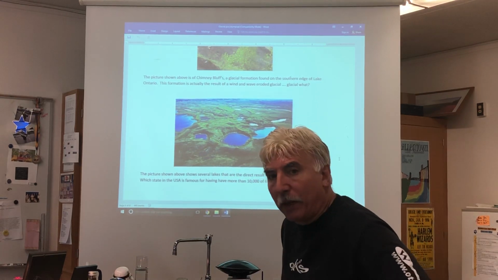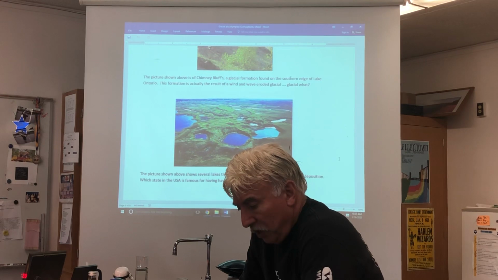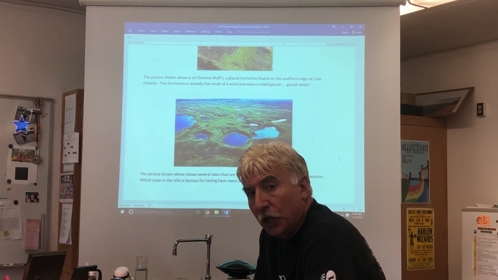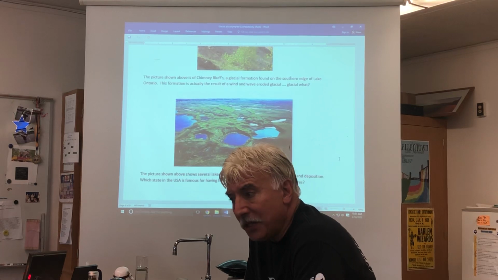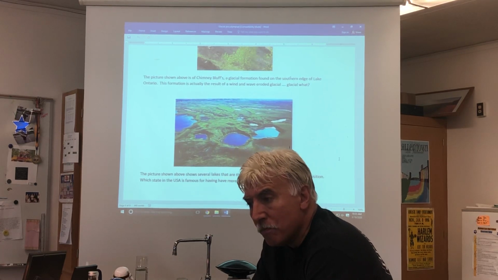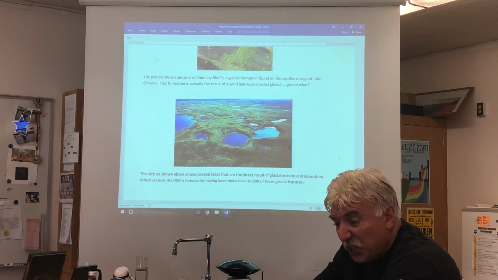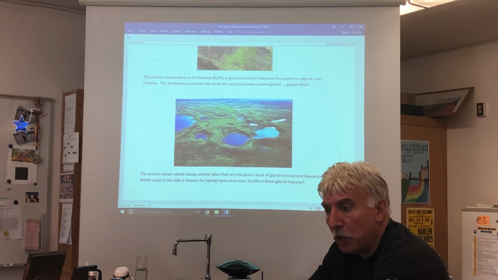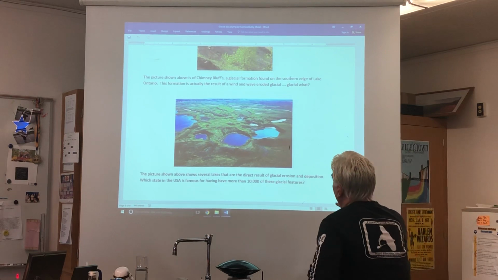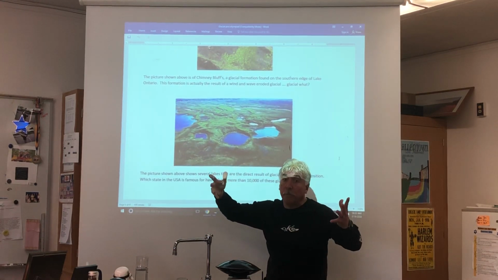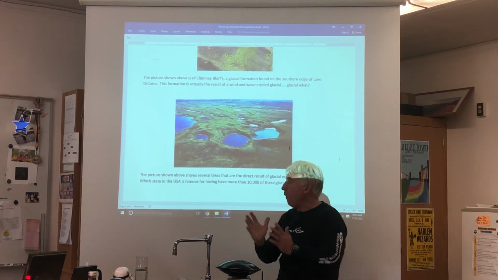Think of my arms right now as fingers of ice, and my body is the main part of the glacier. As the glacier went back home, because of warming climate, the icicle arms snapped off in the ground. You are looking at the top part of that icicle, which is usually the biggest part, and it goes down to a point.